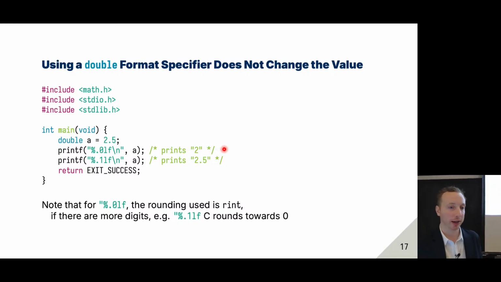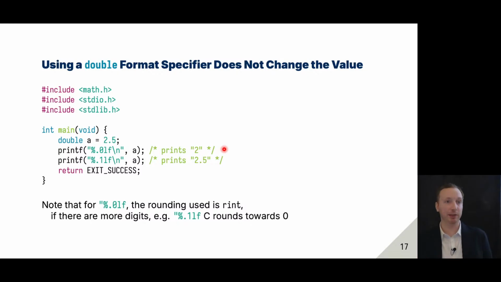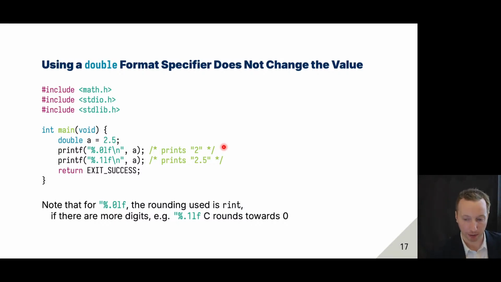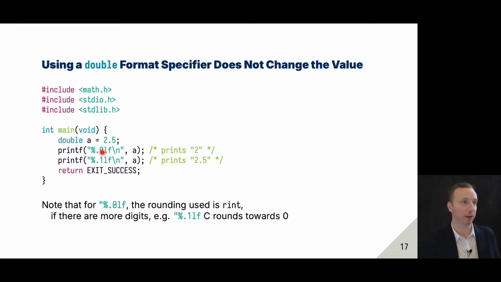It rounded it, and it obviously used rint because it rounded to the nearest even number. I didn't get 3, I got 2. But this format specifier does not actually change the value of a. Even after this printf is done, a is still equal to 2.5. It will only round it for displaying using that format specifier.